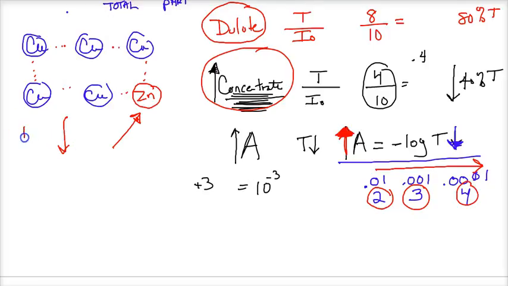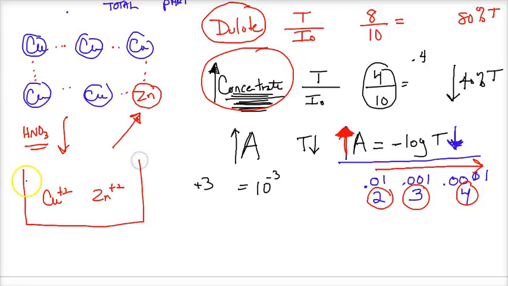The reason we're using nitric acid is that the nitrate ion will oxidize the copper. We're going to make copper +2 and zinc +2 ions in solution.